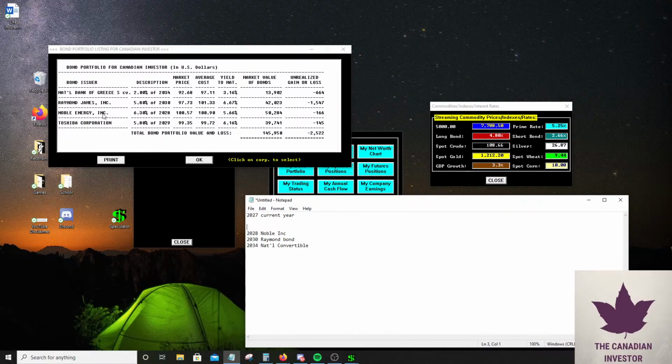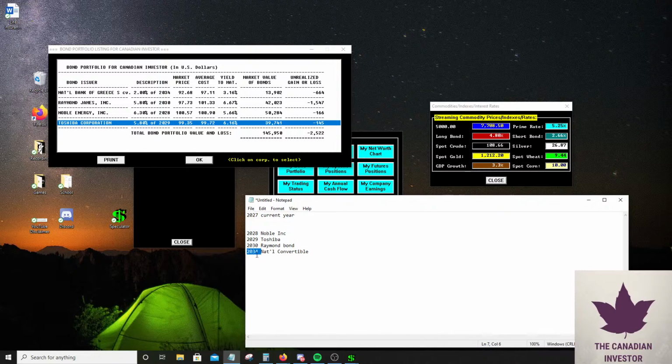So this is a Toshiba. That's 2029. So we have a 2028 Noble Inc., a 2029 Toshiba, a 2030 convertible Raymond bond, and a 2034 Natel convertible.